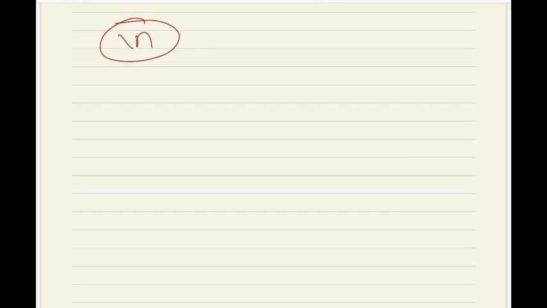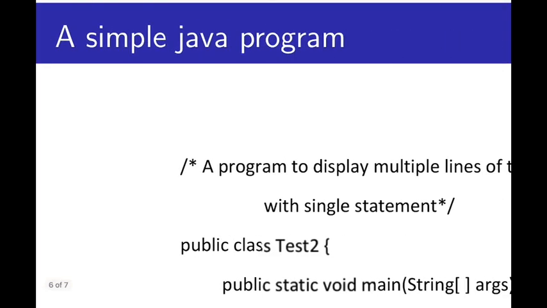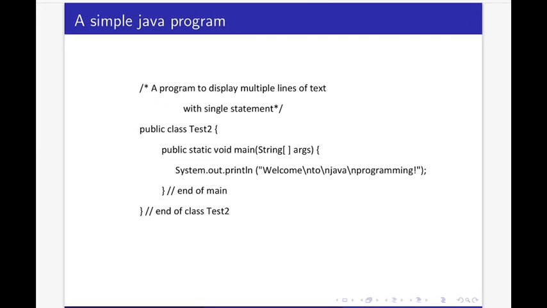So now we will see a program that outputs 4 lines of text using new line characters, or using \n. So you can see this program. Let us give the line numbers 5, 6, 7 for clear understanding.